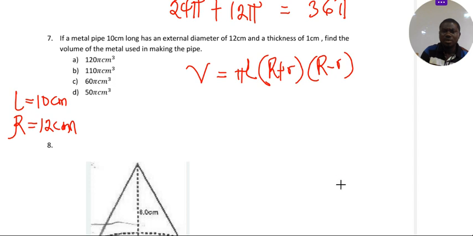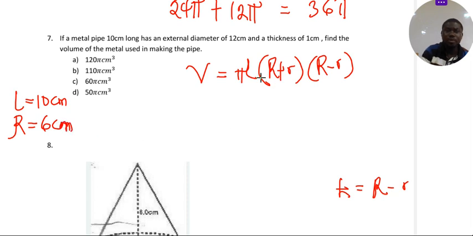Fundamentally we know that thickness is external radius minus internal radius. So external diameter is 12, so external radius will be 6 centimeters.